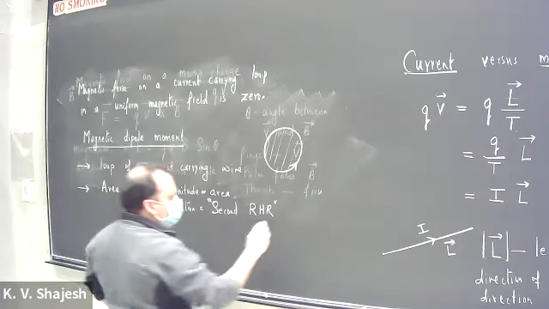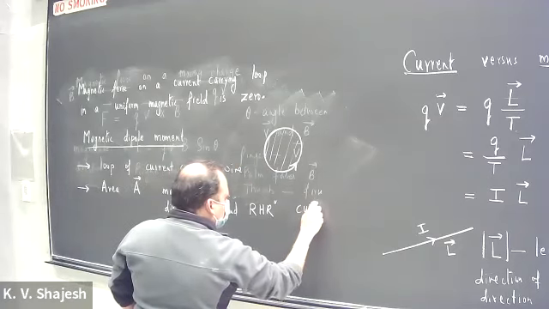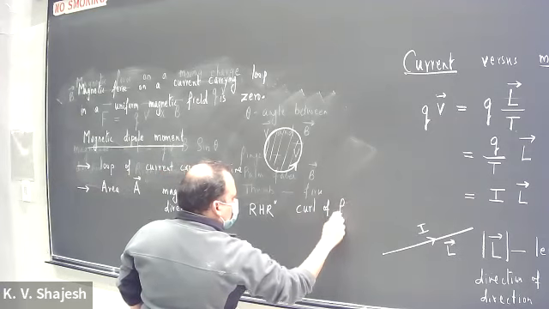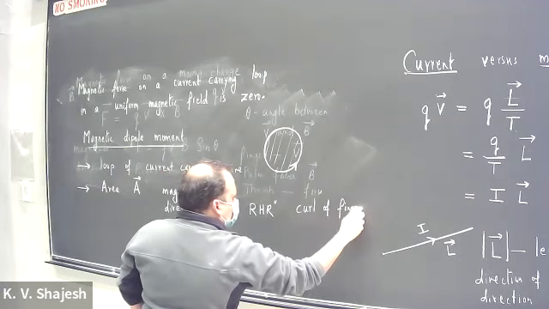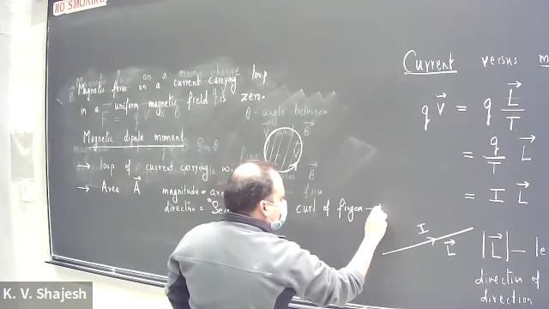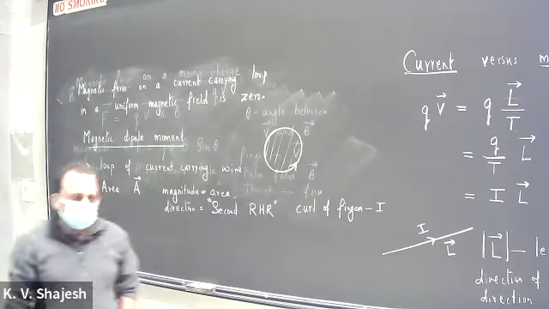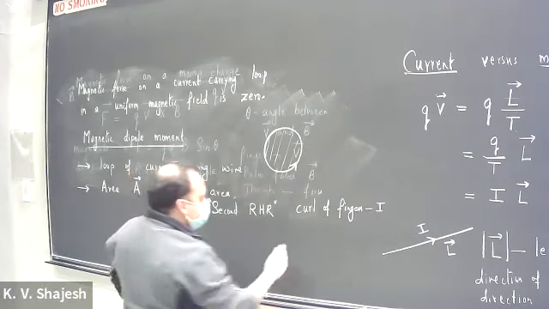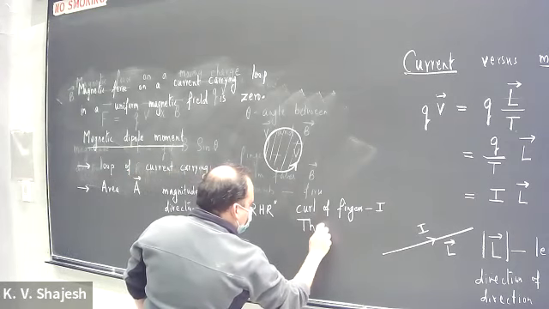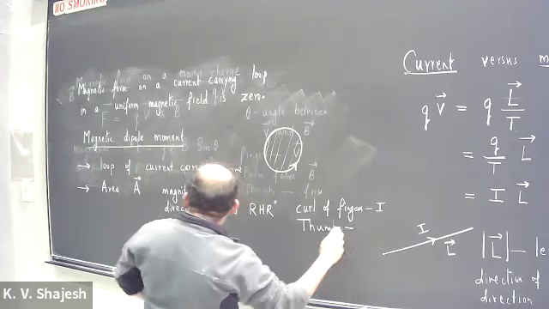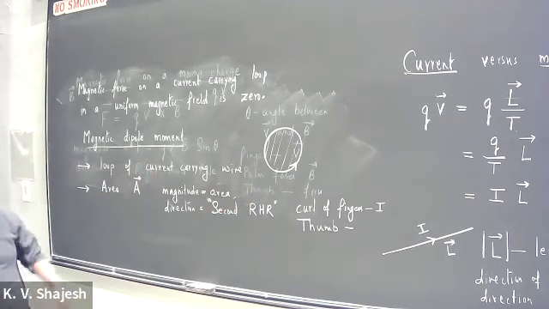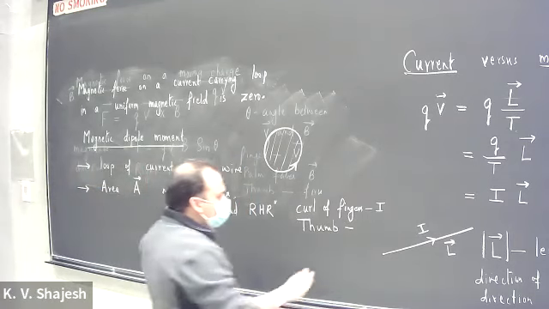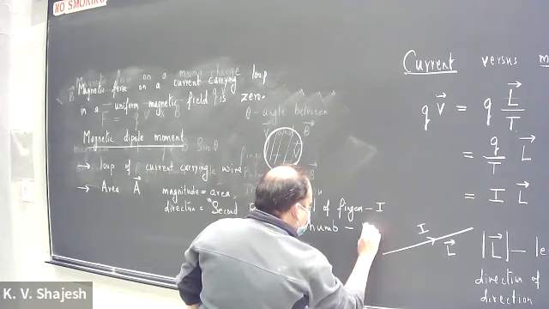So the second right-hand rule is: the curl of the fingers is in the direction of the current I, and the thumb in that position is the direction I associate here with the magnetic moment. So this is the magnetic moment, M.